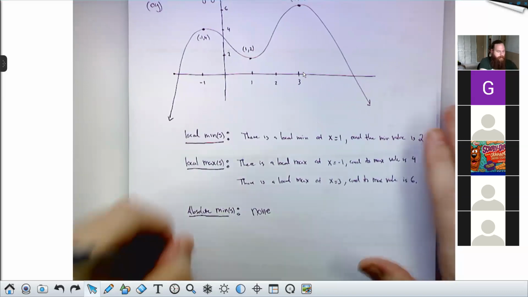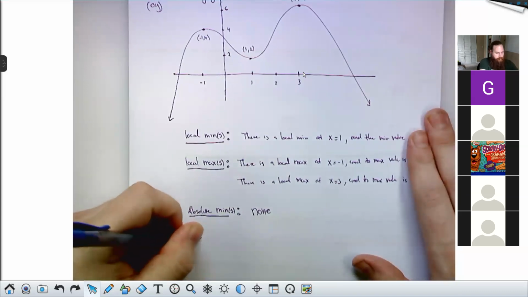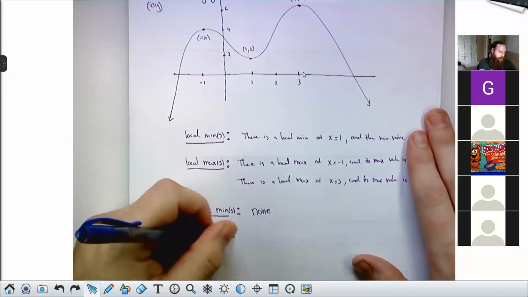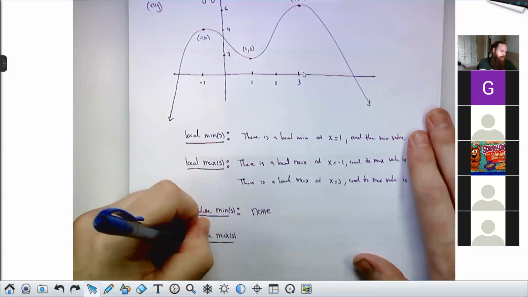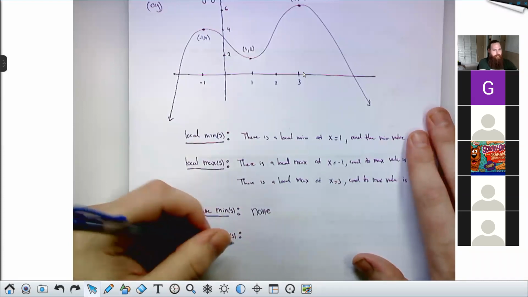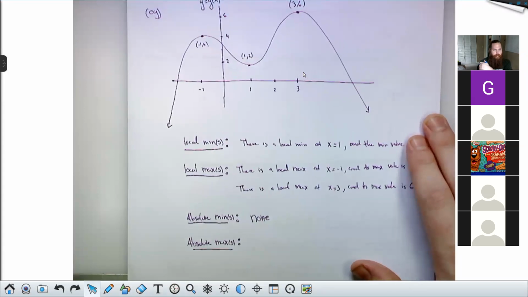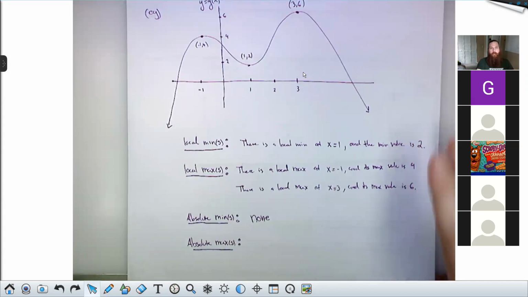What about absolute maxes? Are there any points here that represent an absolute max? It would be 3, 6, and -1, 4. Just the 3, 6. Just this guy, because this guy is not taller than this guy.